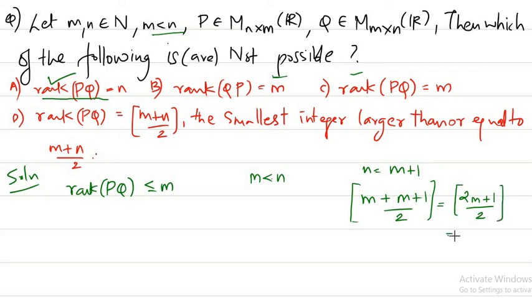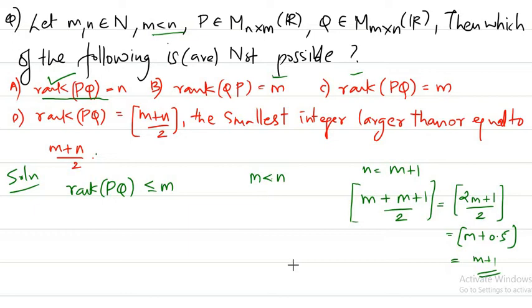So this value is going to be something like m plus 0.5, right? And if you find the smallest integer larger than or equal to (m plus n) by 2, the smallest integer larger than this is basically m plus 1.